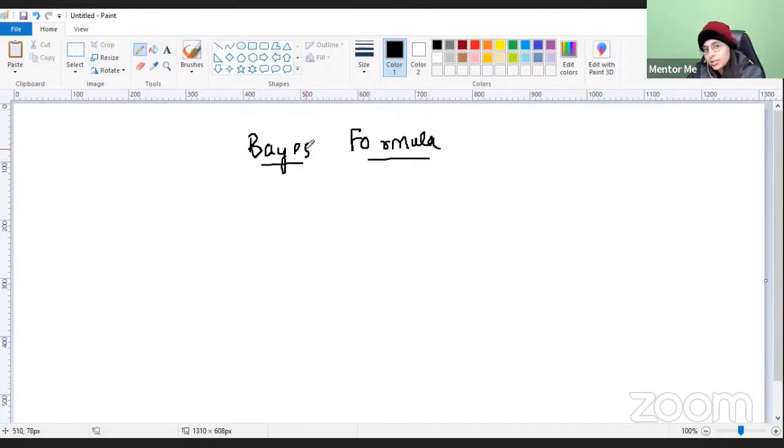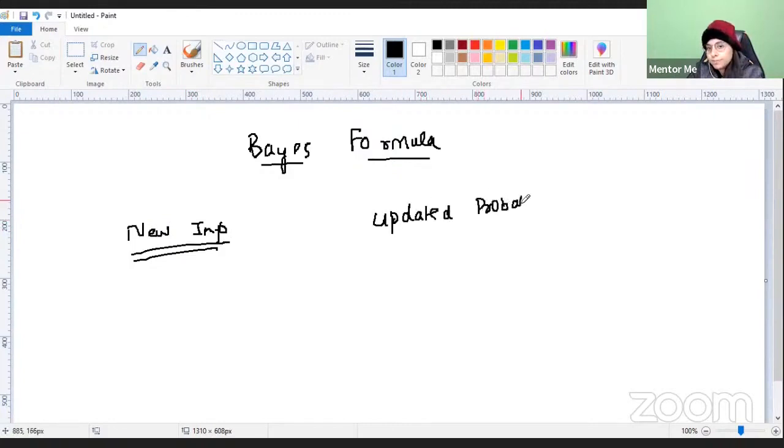Now, what is this Bayes formula? Let's understand that. So basically what happens here, where exactly do we use this Bayes formula? We use it when we have some new information, and based upon that new information, we want to calculate the updated probabilities, okay.